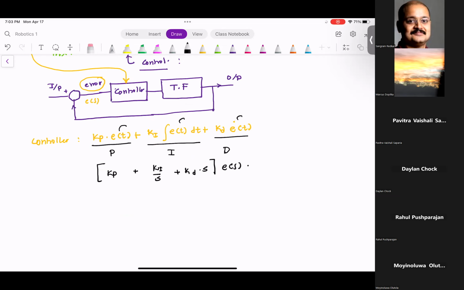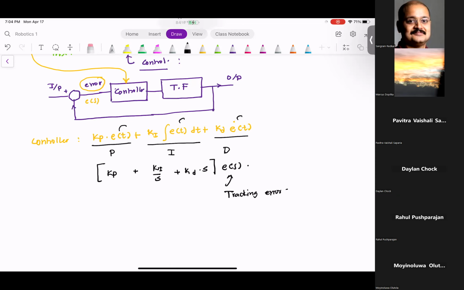So E of s is called the tracking error, and Kp is called the proportional gain. Ki stands for the integral gain, and Kd stands for the differential gain.